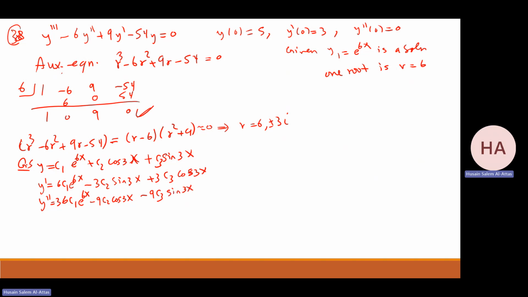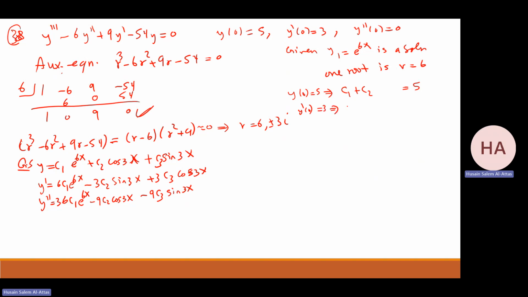Now I need the conditions. Y at 0 equals 5. I get C1 plus C2 equals 5. Y prime at 0 equals 3.